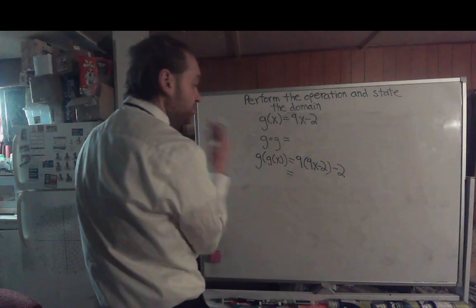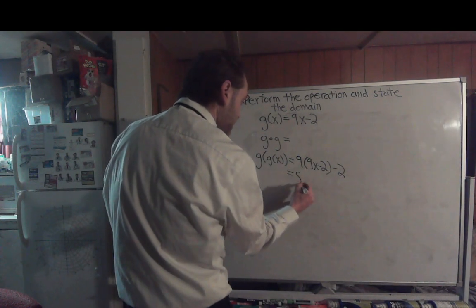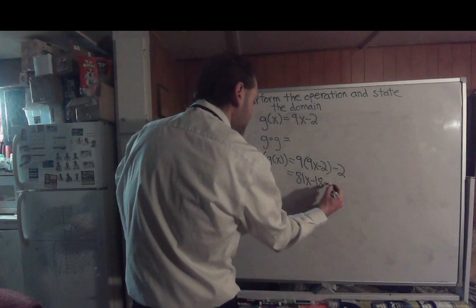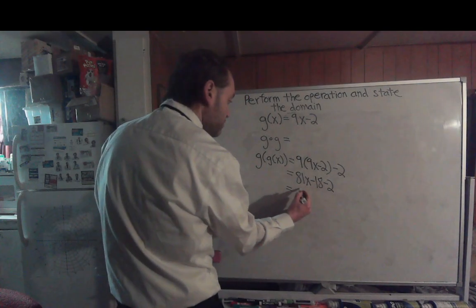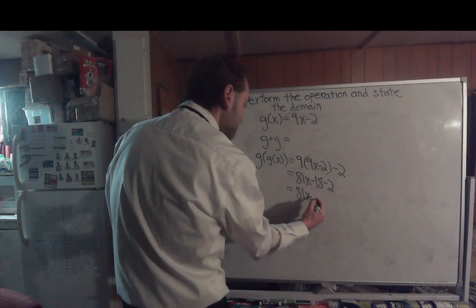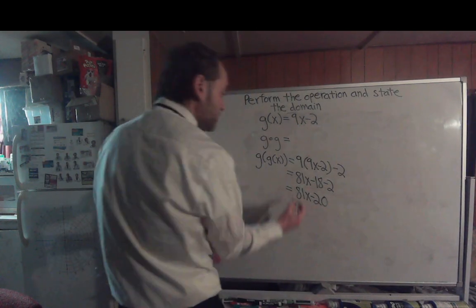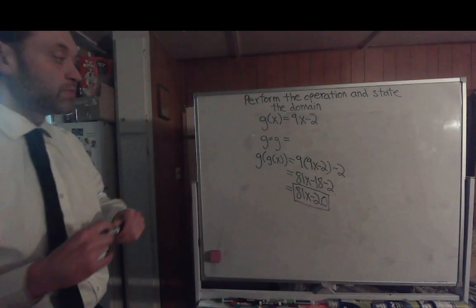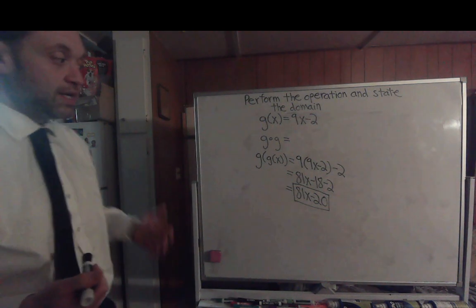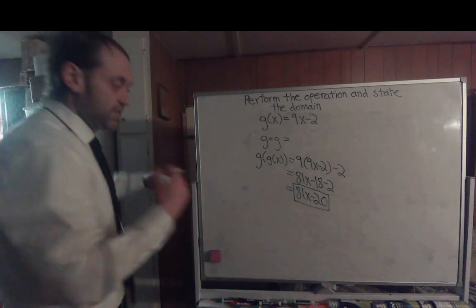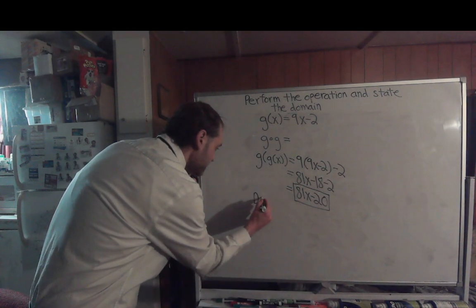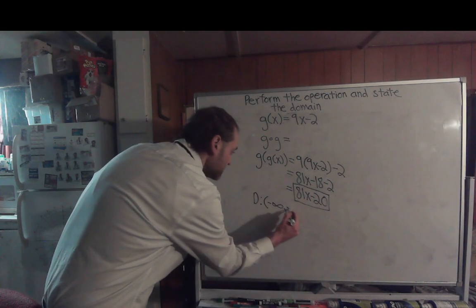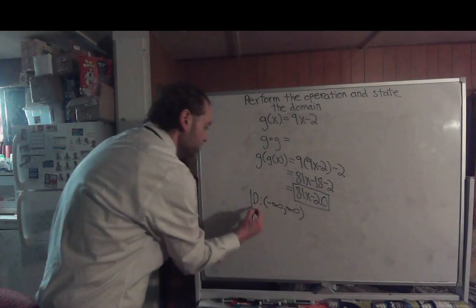Alright, well, do the distributive property, 81x − 18 − 2, which would end up giving you 81x − 20. So g composition g would give you 81x − 20. And now what's the domain? It's a simple linear function, so it's the set of all real numbers. There's nothing that this value couldn't be that wouldn't work.